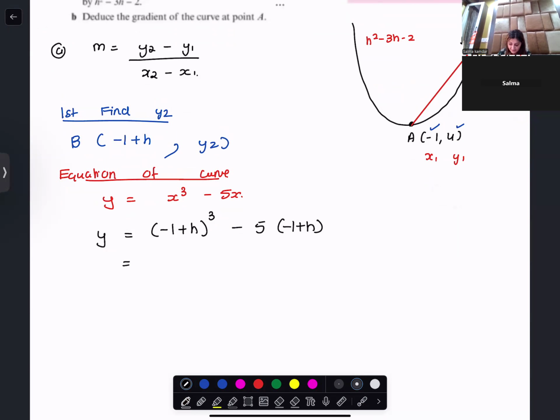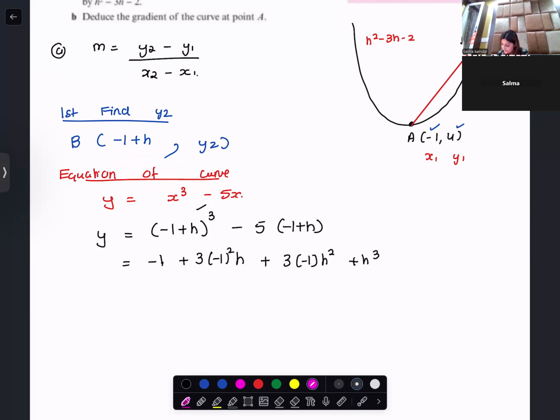I'm going to expand this using binomial expansion. So this is going to be a cube, that is minus 1 cubed, plus 3 x square h, minus 3 x h square plus h cube.